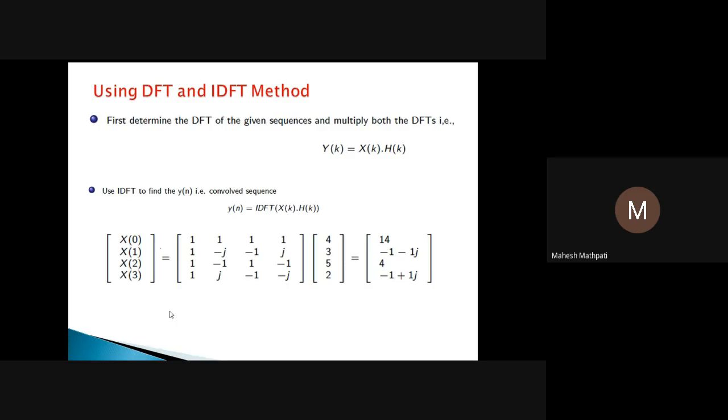You just do it by yourself and verify the answer. Just check the answer. Don't copy the answer as it is.